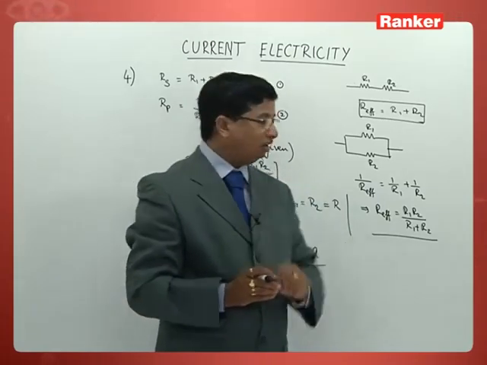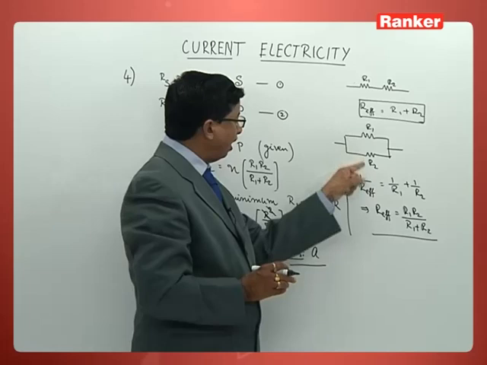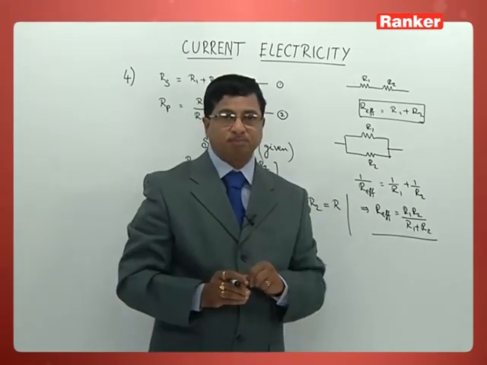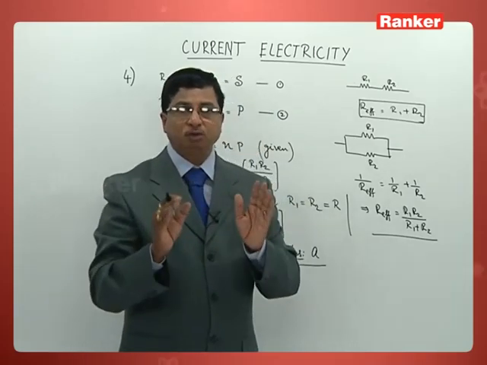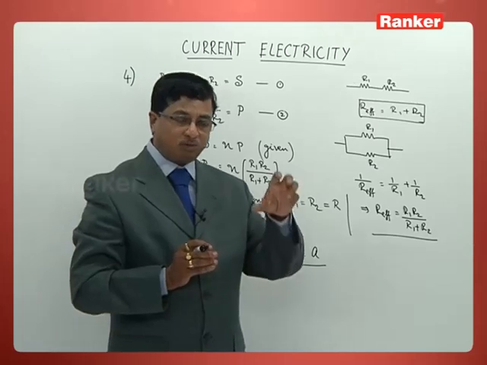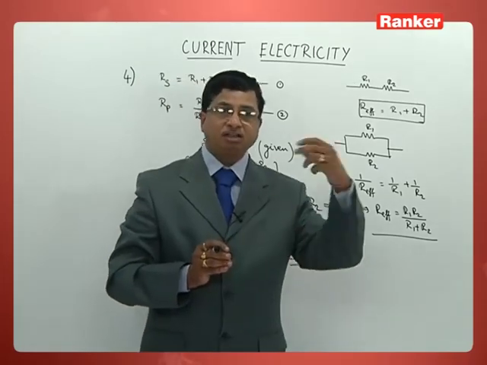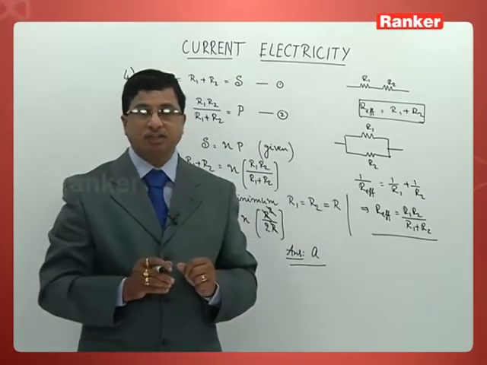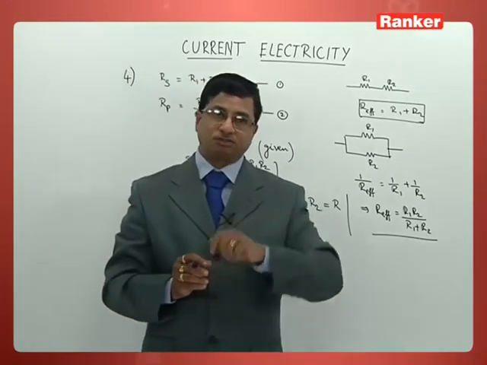So in a series circuit of resistances, effective resistance will be greater than the greatest. Exactly in the same manner, effective resistance in parallel combination will be smaller than the smallest. So these two areas you have to concentrate on. In series combination, effective resistance is greater than the greatest. In parallel combination, effective resistance is smaller than the smallest.